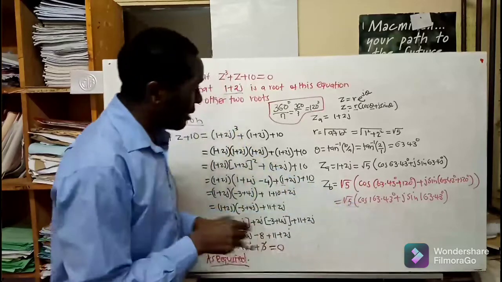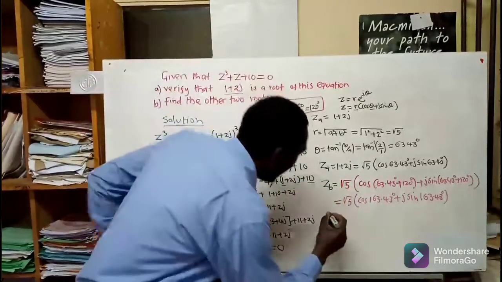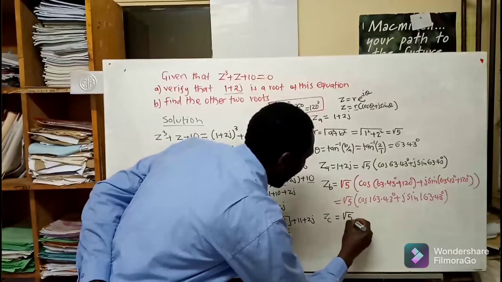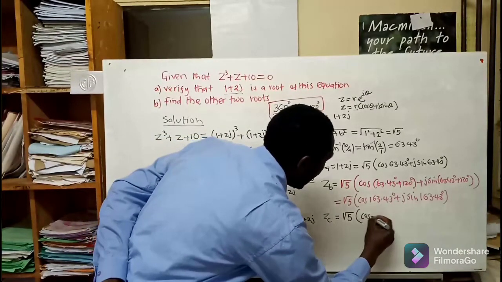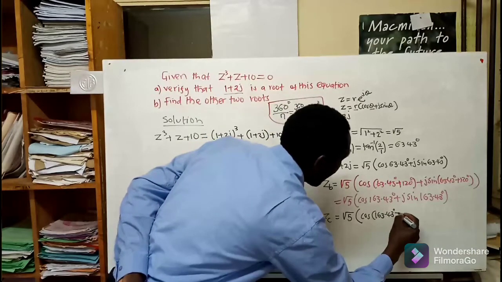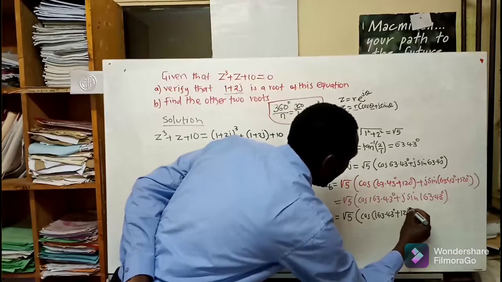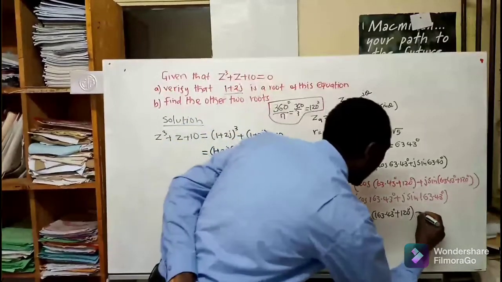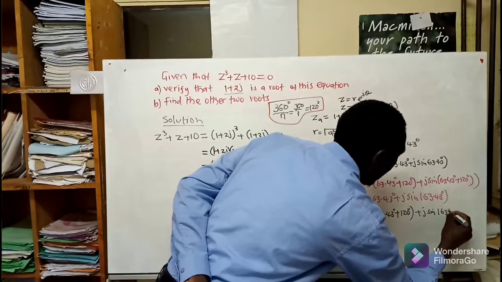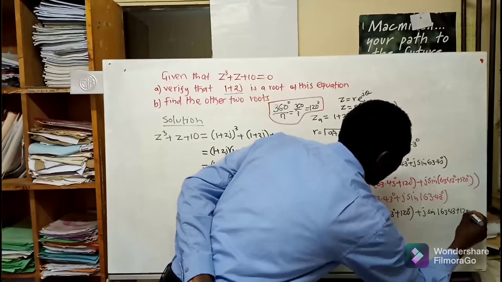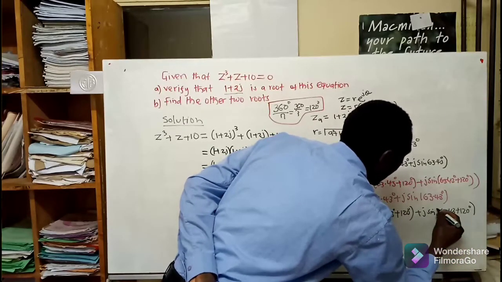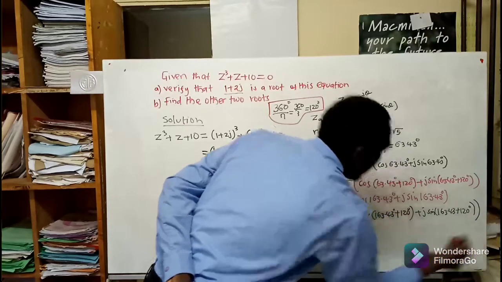The third and the last root is going to be the same magnitude but 120 degrees from the second. So this gives us ZC. ZC is equal to the square root of 5 into the cosine of 183.43 degrees plus 120 degrees, plus j, the sine of 183.43 plus 120 degrees. Then we close that bracket.